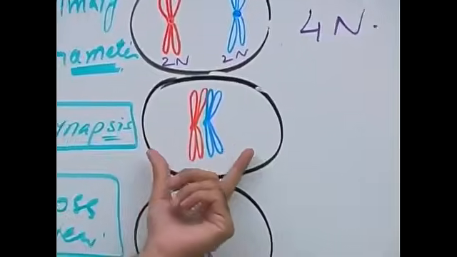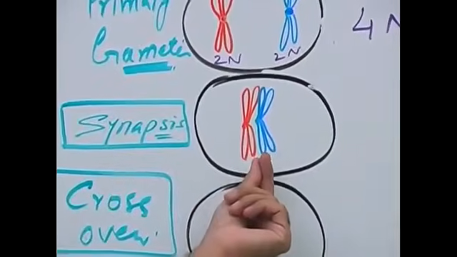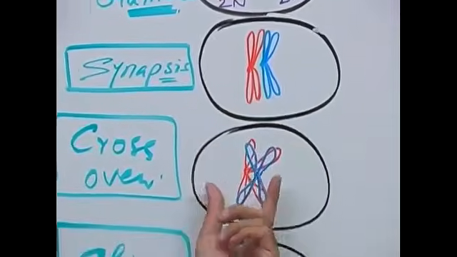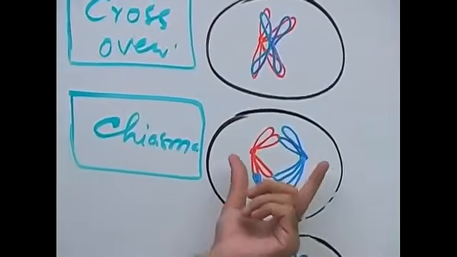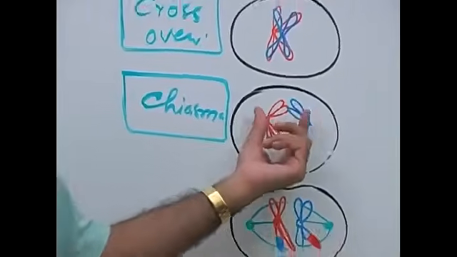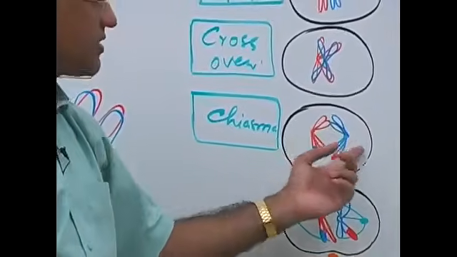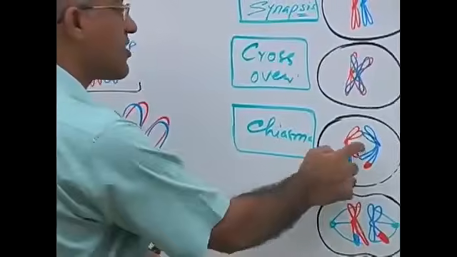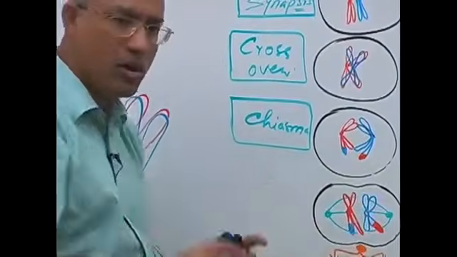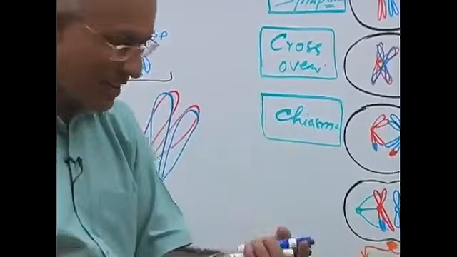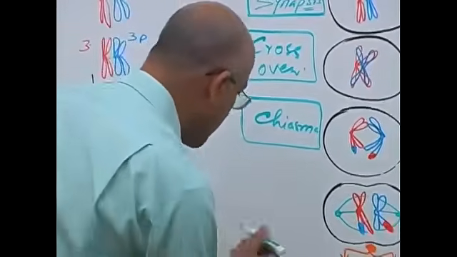Then what happened? Homologous chromosomes make pairs. Then they cross over, synapsis and crossover, and eventually they separate, but now they have exchanged some material with each other. And what is this going on? Chiasma. And the next step is alignment, where these chromosomes align themselves on the spindle, right? So the next step is alignment.